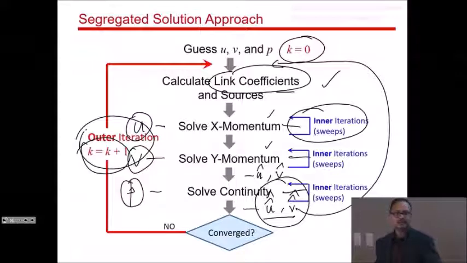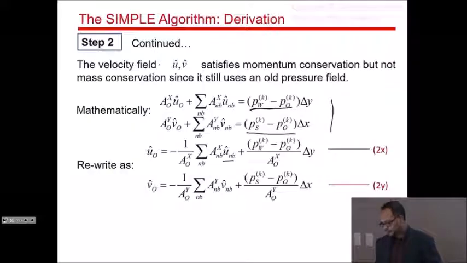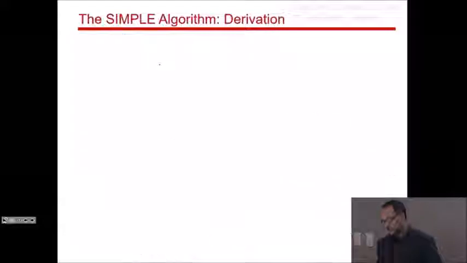You're not solving them completely within the iteration loop. By the very fact that you solve them partially, it means you don't have a converged solution at this point. You have to go back and do it again. So with that velocity field, you go back and redo the whole thing again.